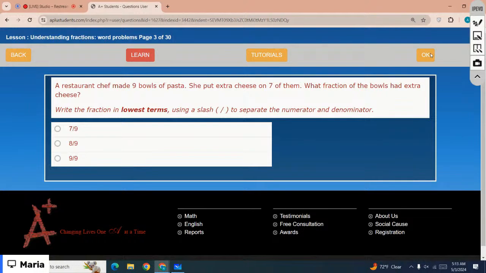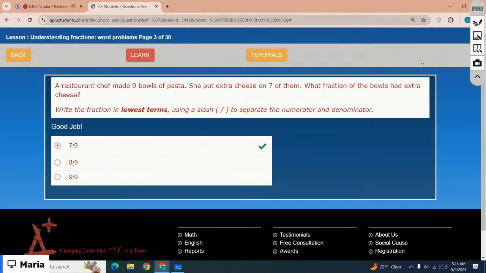The correct option is yes, 7 out of 9 it is. The correct option is 7 out of 9.